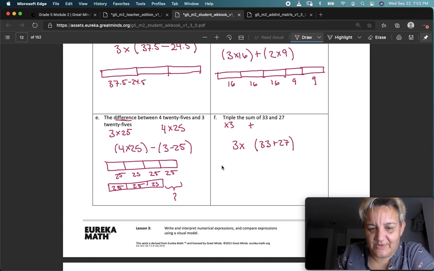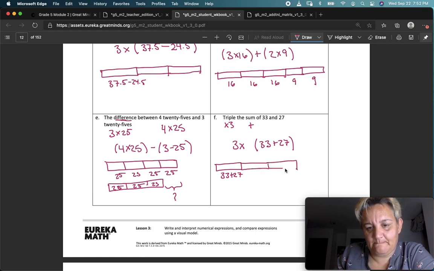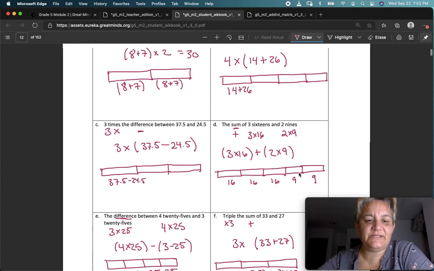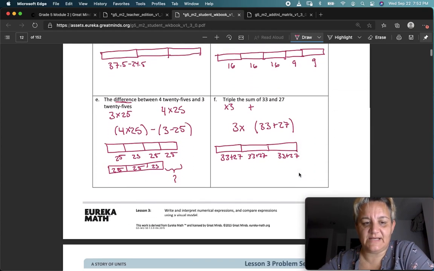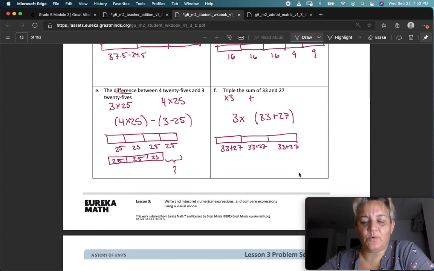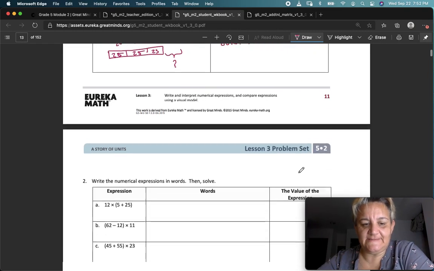Now I'm going to represent that in a model, so I'm going to take what's inside the parentheses and call that 33 plus 27, and then I'm going to triple it. So this would be 33 plus 27, and this would be 33 plus 27. And if you wanted to go back and solve all of those problems, you sure can. We're not solving this right now. We're just changing these from words into expressions.